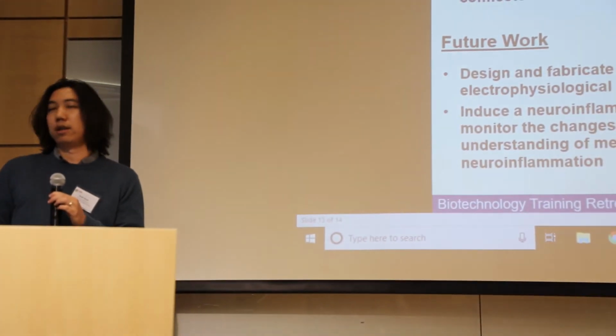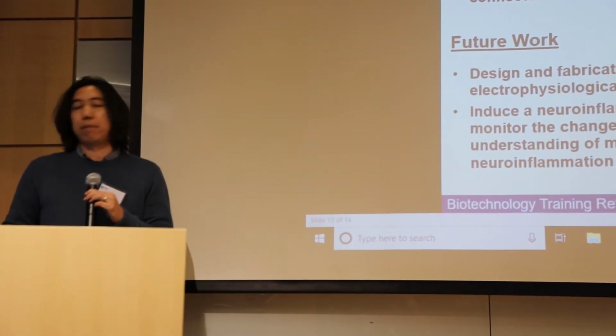So, in conclusion, we were able to develop a triculture protocol that was able to sustain all three of the major neuroinflammation cell types, neurons, microglia, and astrocytes, to better model neuroinflammation in vitro. Additionally, we designed and optimized a cell culture platform capable of supporting 2 cell cultures that are chemically isolated but synaptically connected.